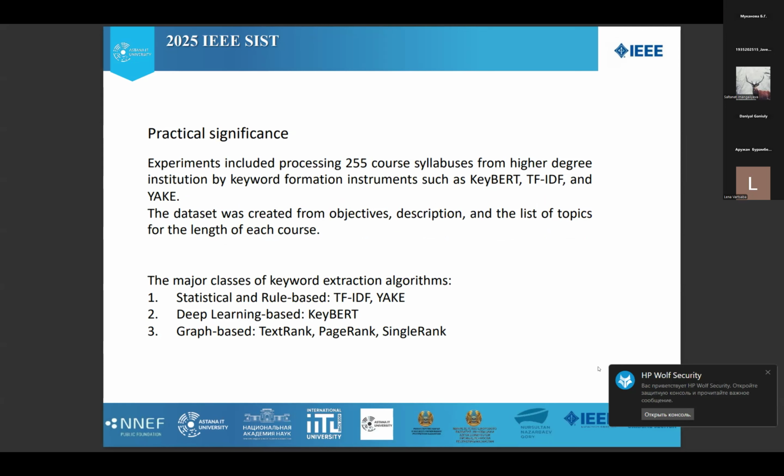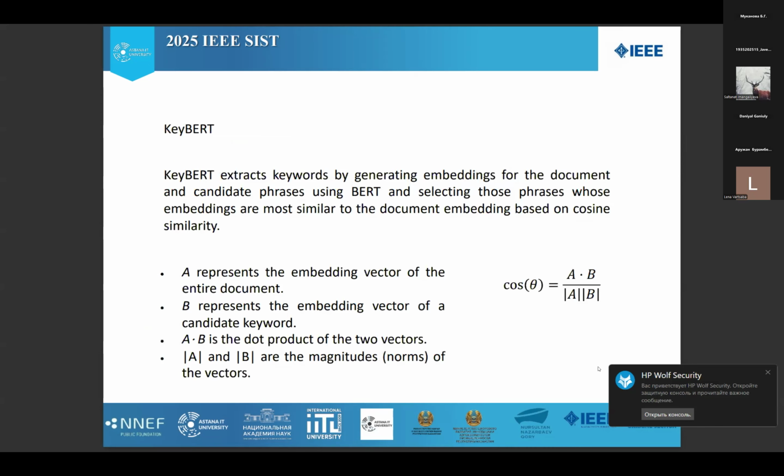The list of topics, the description, and the course content for 10 weeks for the entire course were selected to be processed in the database. We carry out keyword extraction on the basis of statistical analysis, deep learning, and also graph-based methods.